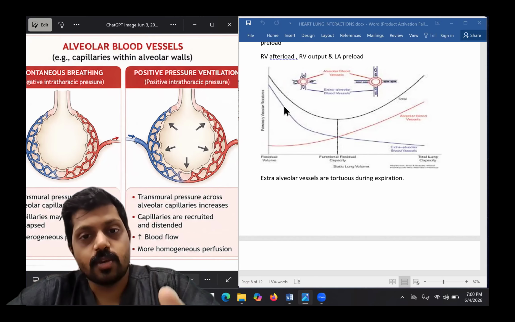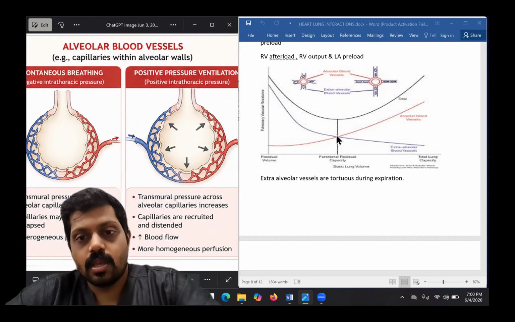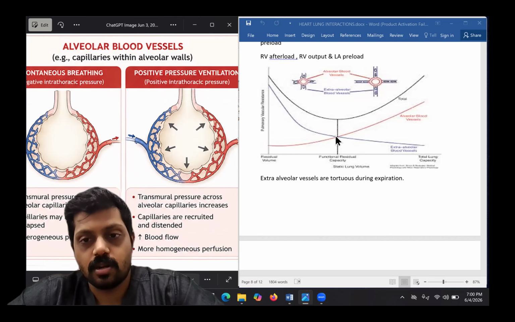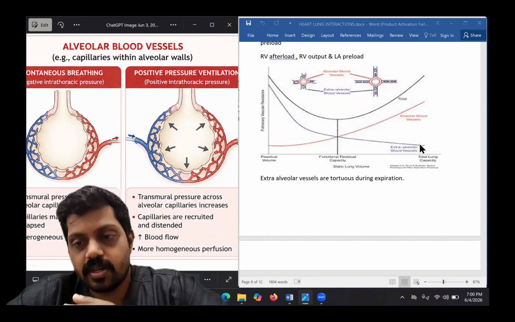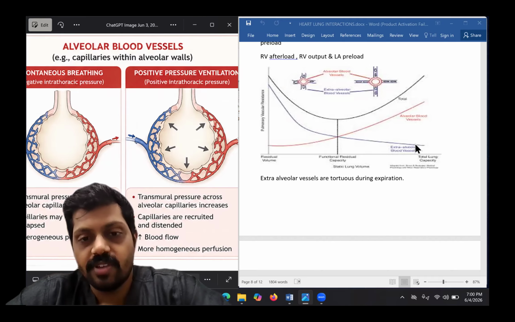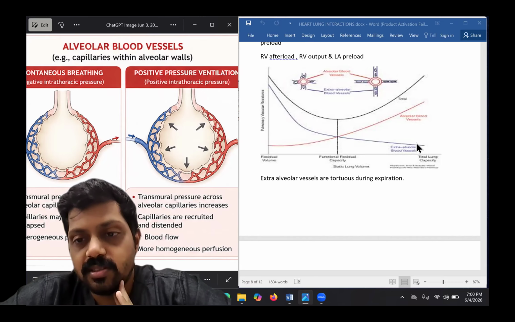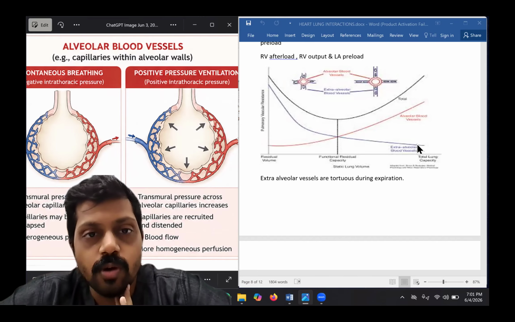Once the alveoli start opening up towards the functional residual capacity, look where the pulmonary vascular resistance is. It is in the sweet spot, normal. Beyond a certain degree, when it is over-expanding, pulmonary vascular resistance rises again. Over-distension, I'll tell you how harmful it is.